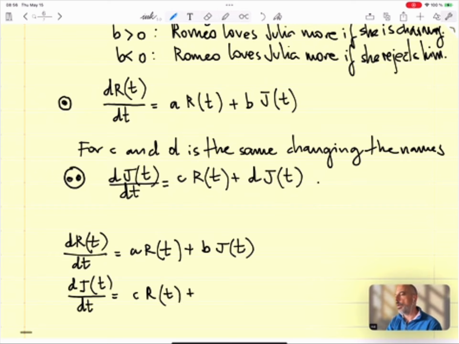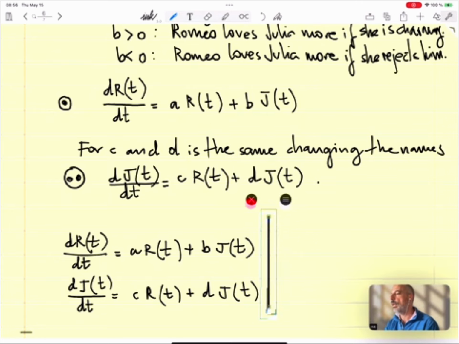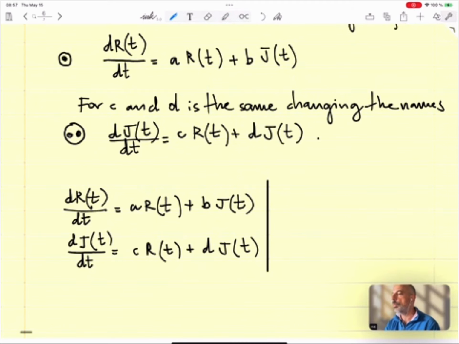In other words, you can foresee the future of your relationship, because if you are able to describe your relationship with your partner with these coefficients, you will know how the future of your relationship will be, depending on the psychology of your partner.